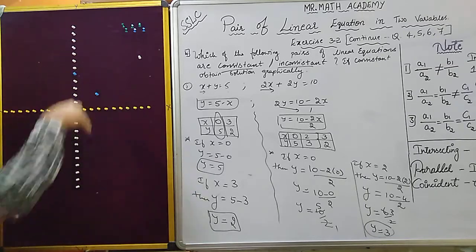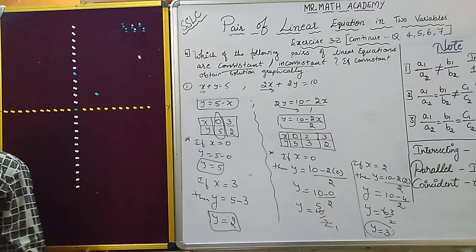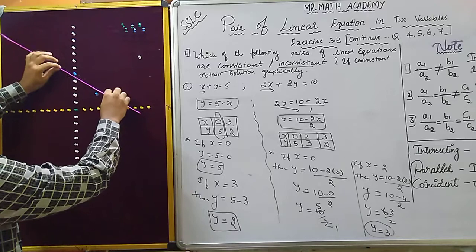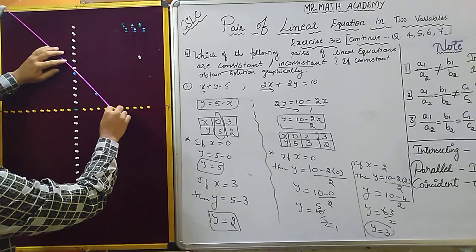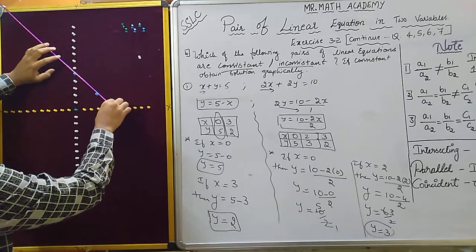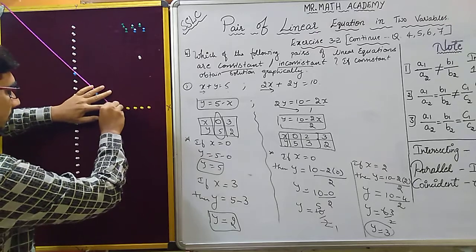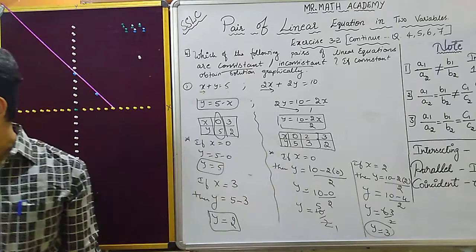Now this is a straight line I have to plot. I will plot it later, otherwise it will fall, so that is the reason. See, I plot the line. It is like this. Done. Let us plot the next one.